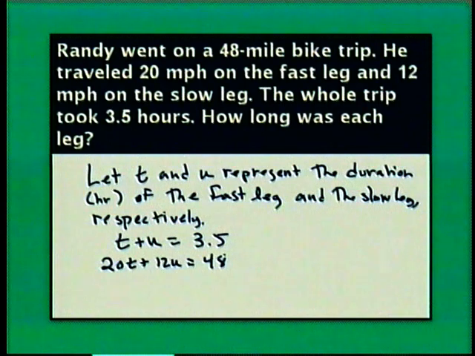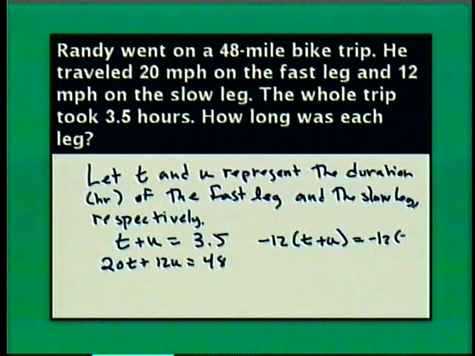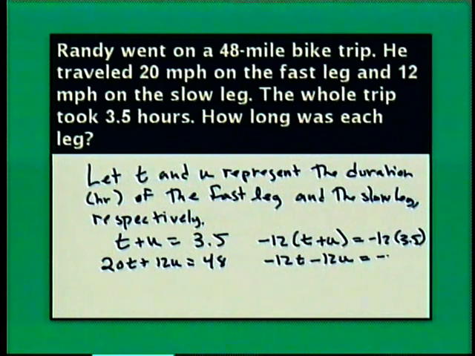Let's solve this. I'm going to solve this system by elimination. So I think I'm going to eliminate u. So I'm going to multiply both sides of the first equation by -12. So I have -12t minus 12u equals, let's see, 12 times 3 is 36, plus 6 is 42, that's -42.